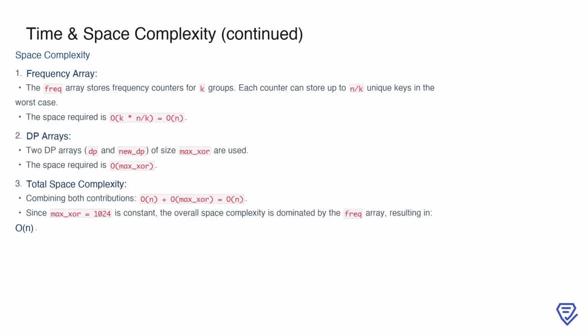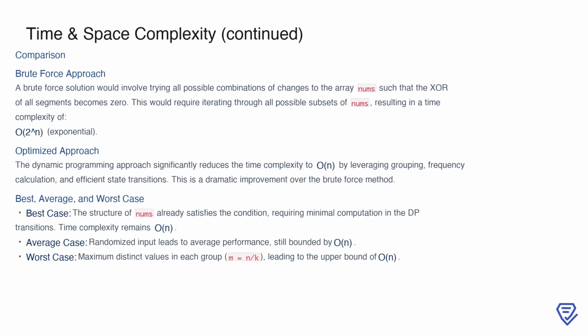The use of these efficient data structures ensures that the memory footprint of the algorithm remains manageable, even for large inputs. To better understand the efficiency of our solution, let's compare it with a brute force approach. In a naive brute force method, we would need to try all possible combinations of changes to the array nums to make the XOR of all segments equal to 0. This involves iterating through all subsets of nums, resulting in a time complexity of O(2^n), which grows exponentially with the size of the input.